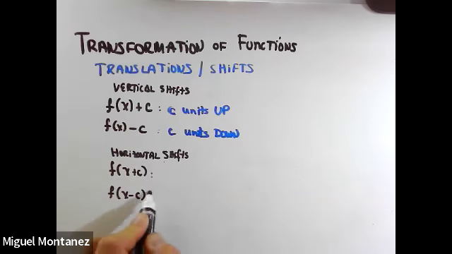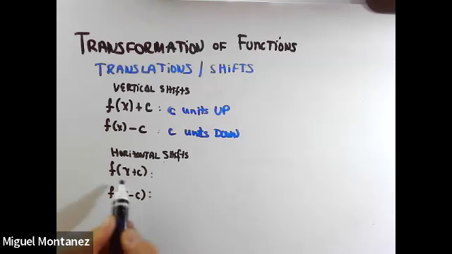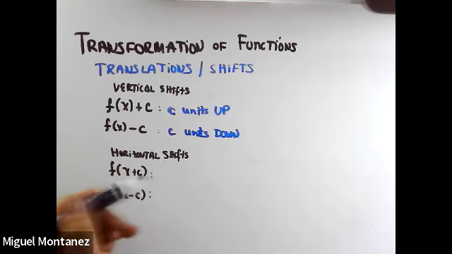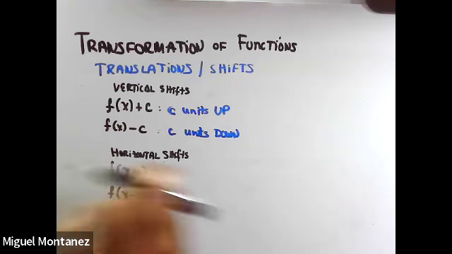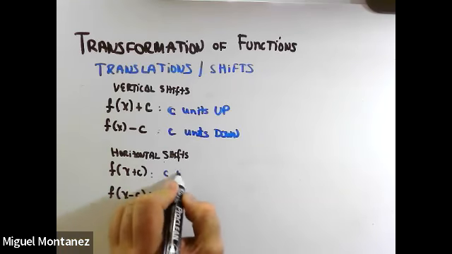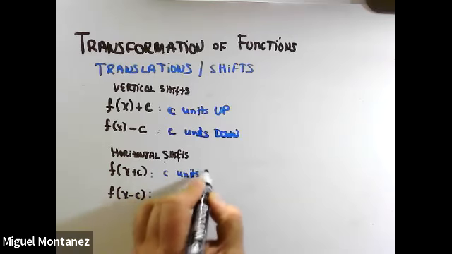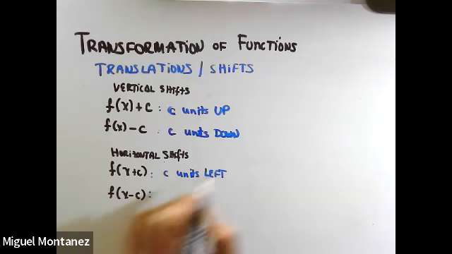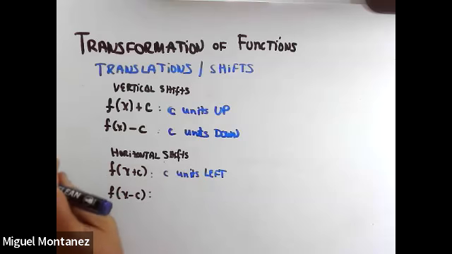Horizontal shift, of course, we're going to go east or west. Careful here, folks. If I add c units in x, you probably ask where are we going? Maybe we move to the right. No, we move to the left. This will be c units left. If I add, we push left.